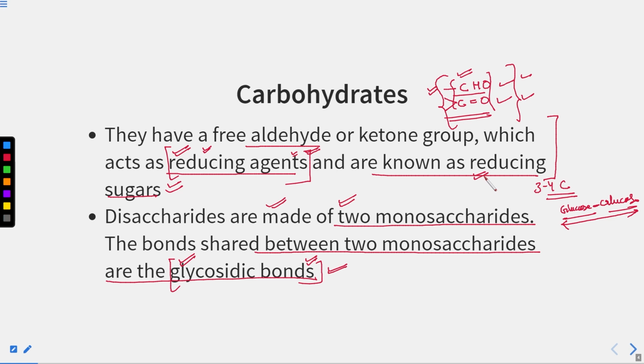And we all know that a monosaccharide is a single monomer that may have 3 to 7 carbon atoms. When two monosaccharides join together with the help of the glycosidic bond, they are called disaccharides.